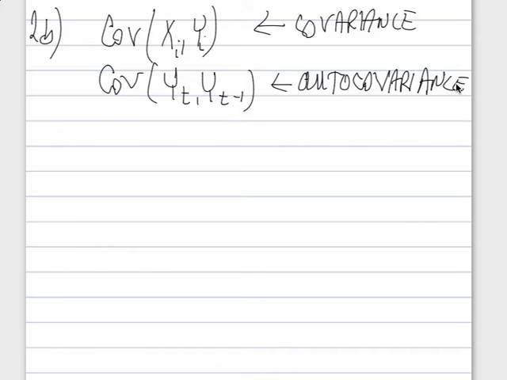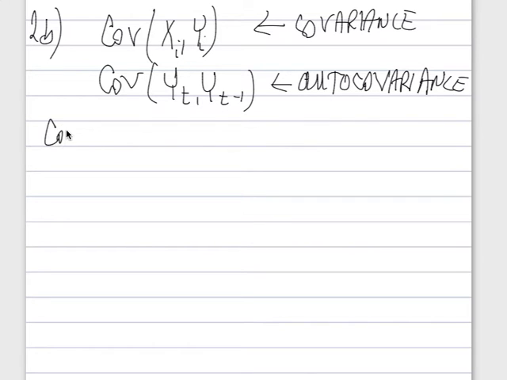It's the same thing. It's just in case of time series, it's autocovariance, not covariance. So the same rules for covariance operators apply here as well. So we'll use the covariance operator to compute the autocovariance for this variable.